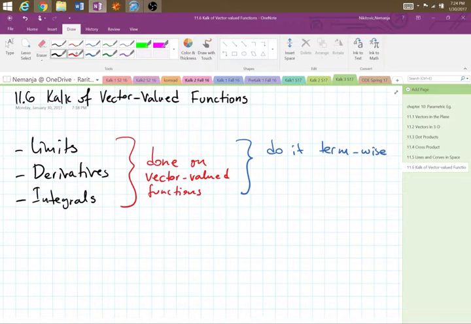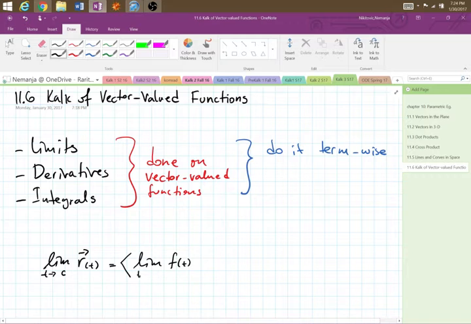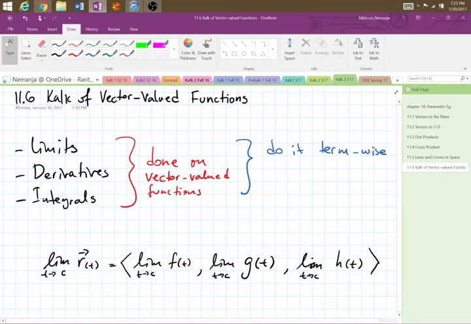Just to give you a formula: for limits, the limit of r of t, where t goes to some value c, is understood as the limit of f of t as t goes to c, comma, the limit of g of t, and the limit of h of t as t goes to c. So as I said, three independent limits.